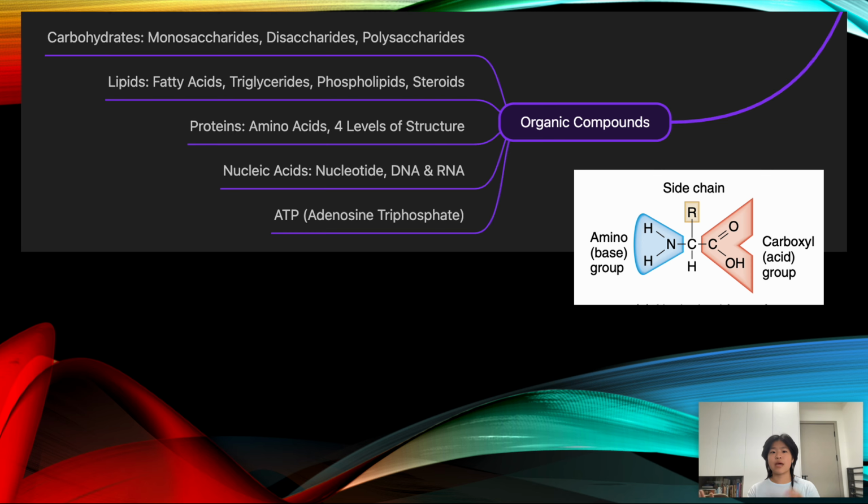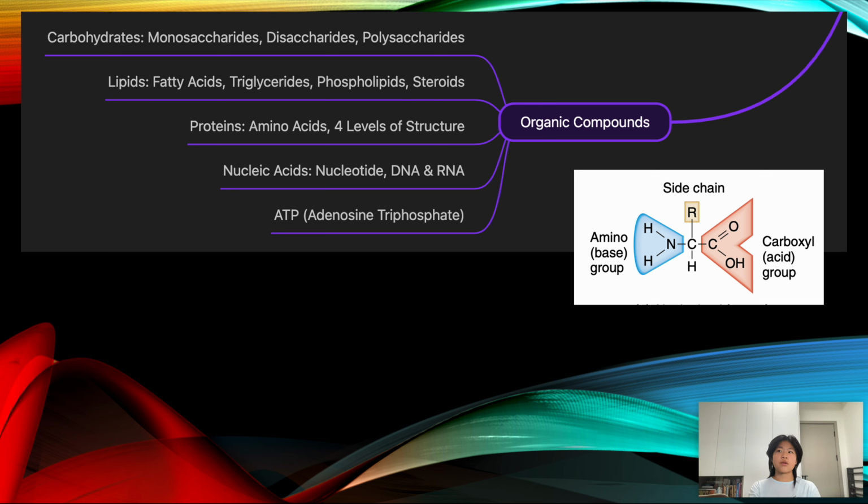So one is basic and one is acid. And we also have an R group, which is also called the side chain. So this is what defines each protein. So these proteins have different properties, they have different functions, they have different names because of the different side chains that they are attached to. And they have different types of charges, etc.